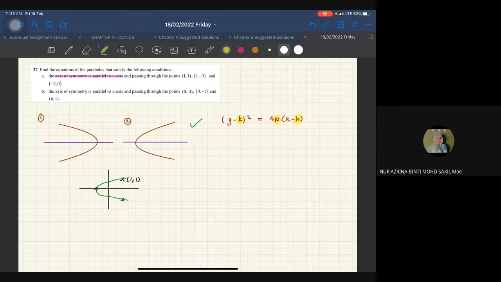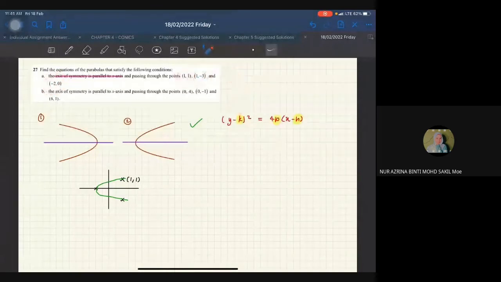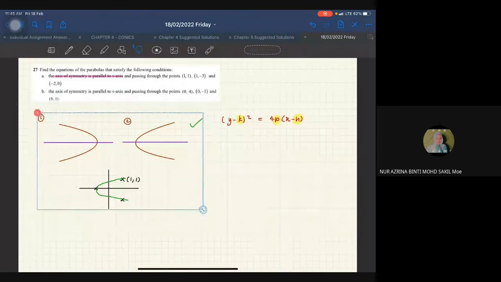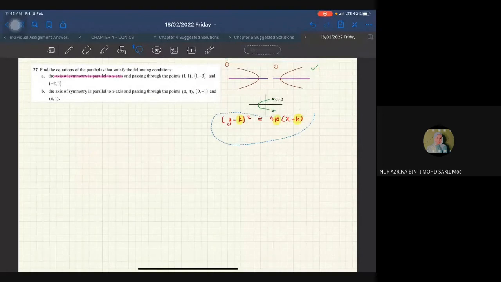Okay, so equation ni sebenarnya awak boleh dapat daripada this one. 1, 2, 3. So masukkan dalam ni, awak akan dapat 1, 2, 3 equation. Okay, so jom kita try tengok sama-sama. This one saya kecilkan. Saya letak kat atas. Okay, so jom kita try buat sama-sama yang ni.